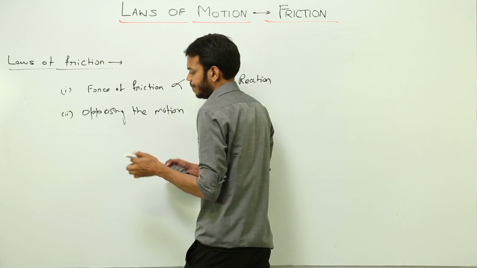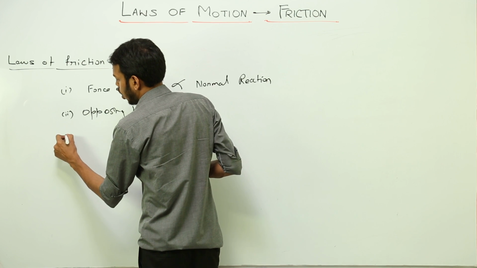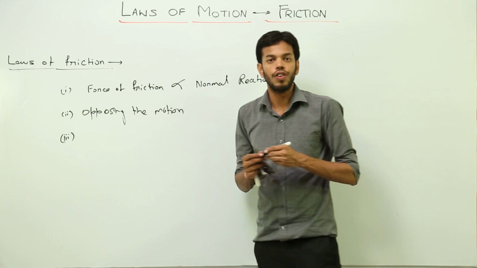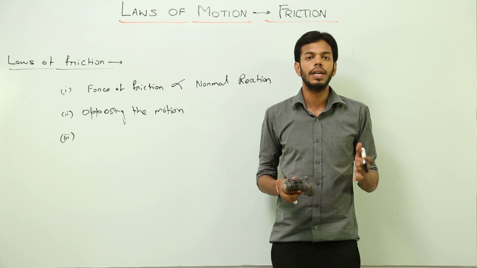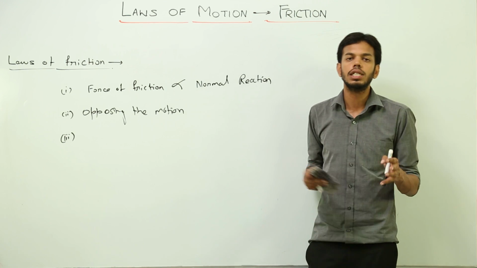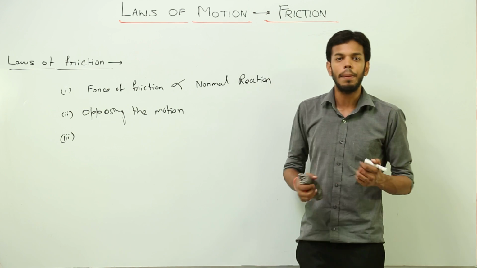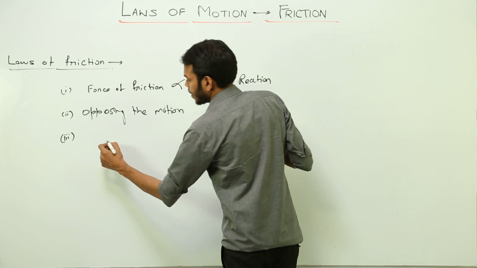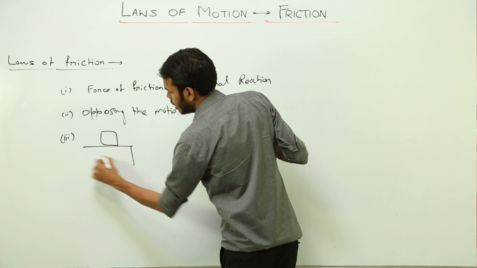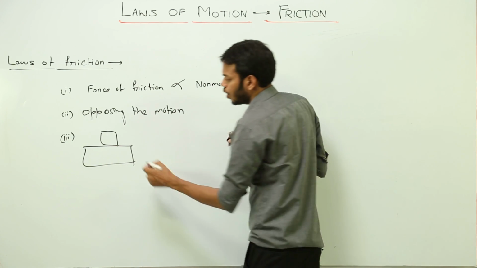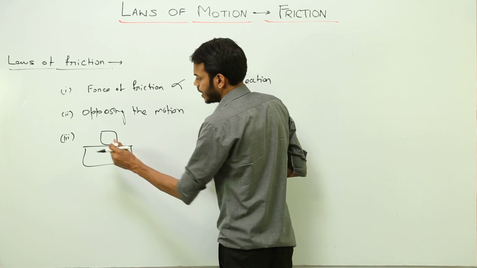Third law: the force of friction is independent of the apparent area of contact. We have already discussed this in the case of what is the cause of friction, right? So what is apparent area of contact? Suppose there is this body which is moving over this body. The apparent area of contact is this whole area.